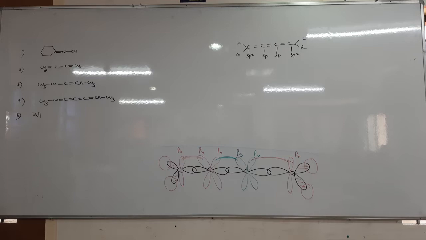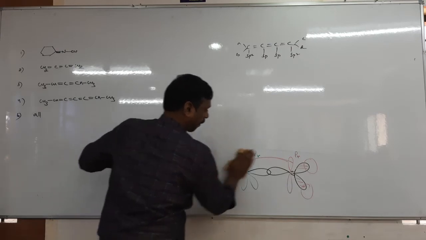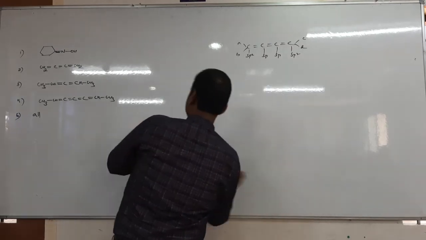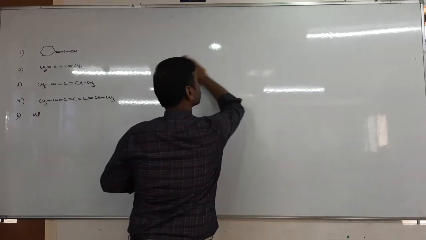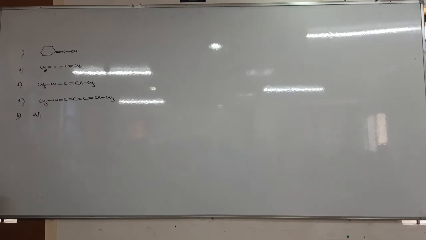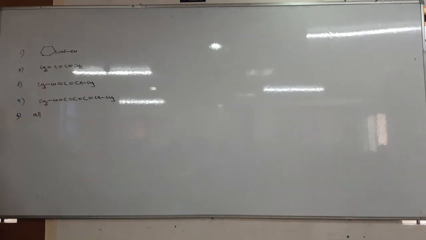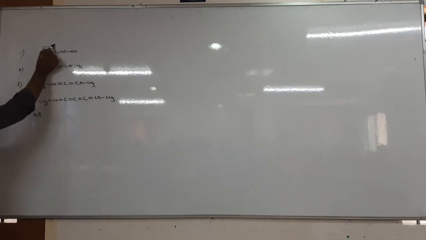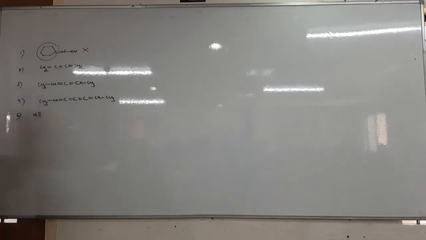So which do not exhibit geometrical isomerism? Why? So first one is not. Why is it not? It is a symmetrical ketoxime. This ketoxime has a symmetrical structure, right? So this group is the same. Therefore symmetrical ketoxime does not exhibit geometrical isomerism.